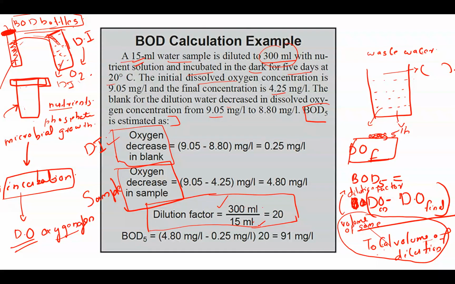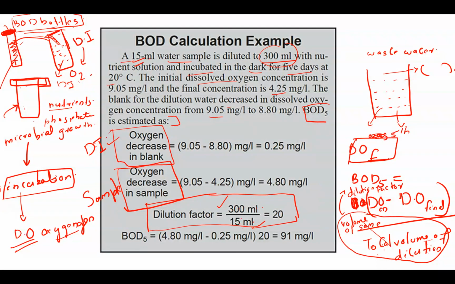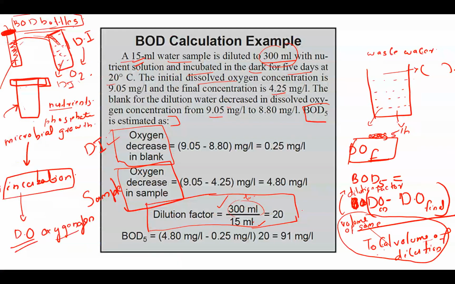Here the water sample is 15 milliliter, and it is diluted to 300 milliliter. So after dilution it becomes 300 milliliter, and you have to divide this by 15, the initial water sample volume. Then you get the dilution factor.